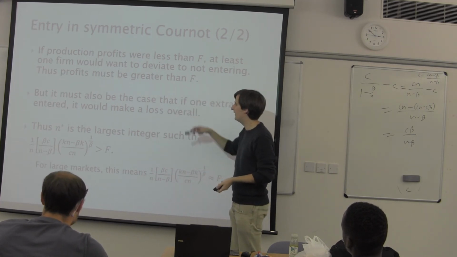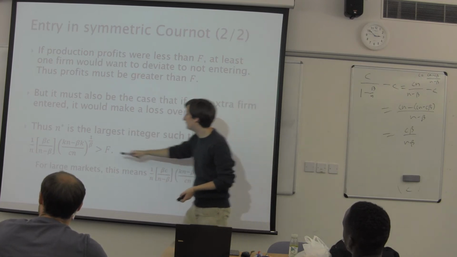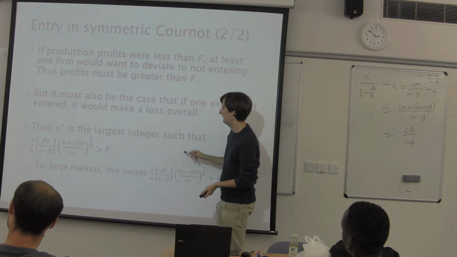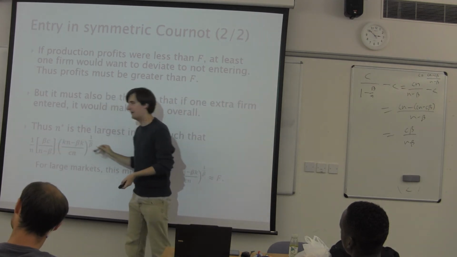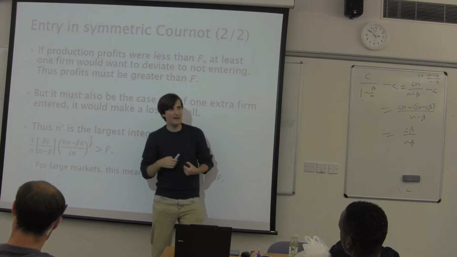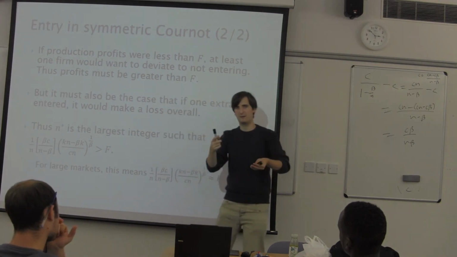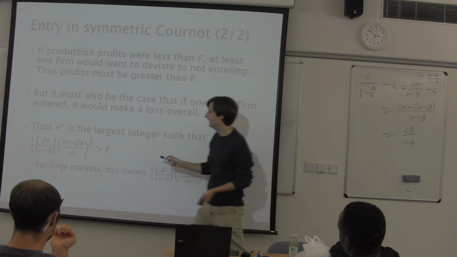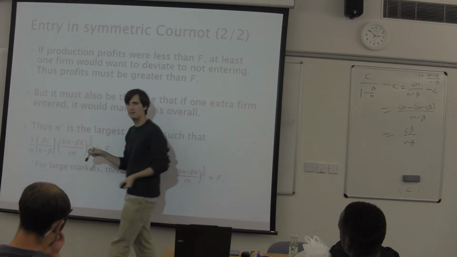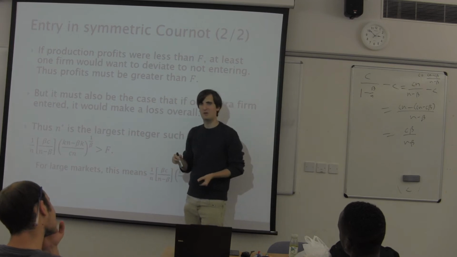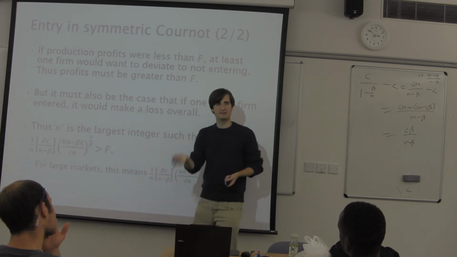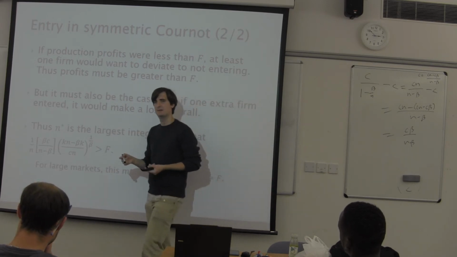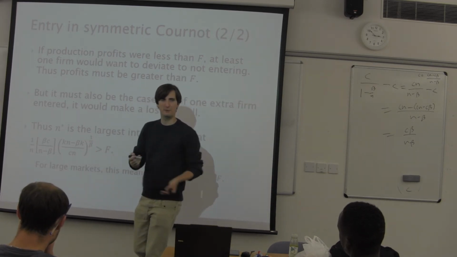So in an equilibrium, the number of firms entering must be the biggest integer such that the profits are bigger than the entry cost. As many firms enter as possible such that all firms are still making profits overall. If one less firm entered, then one of the firms that didn't enter would like to enter. If one extra firm entered, everyone would make negative overall profits.